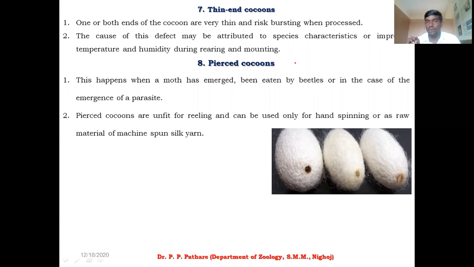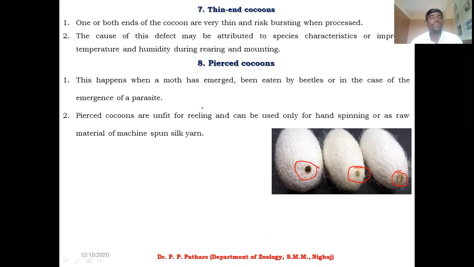They eat through with their mandibles and emerge outside your cocoon. Such a hole-like structure is present in your cocoon. This will happen only when the adult emerges from the cocoon.